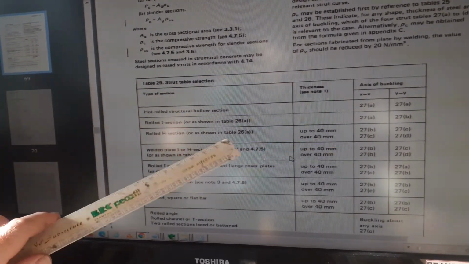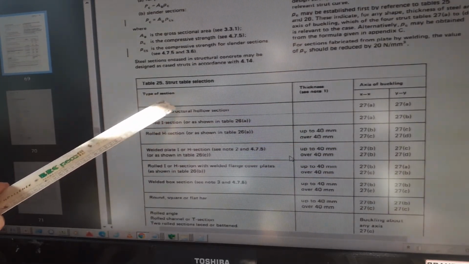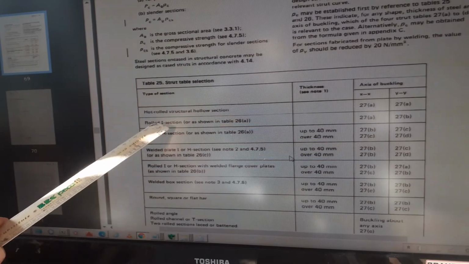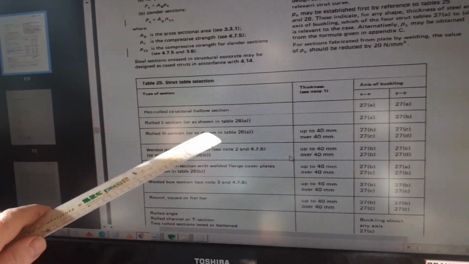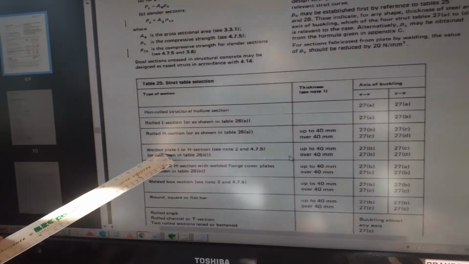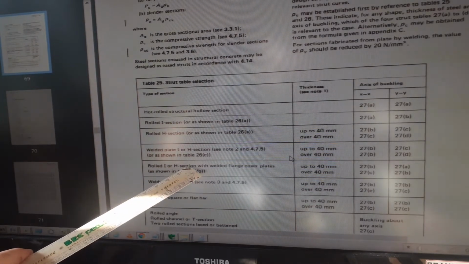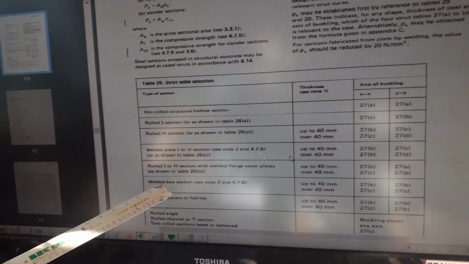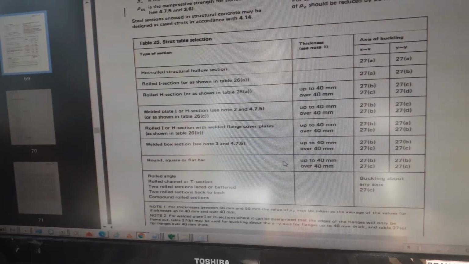The first 3 columns are just the type of section: hot rolled structural hollow section, rolled I section as shown in Table 26A, rolled H section as shown in Table 26A, welded plate I or H section, rolled I or H section with welded flange cover plates, welded box section, round, square or flat bar, rolled angle, rolled channel, RT section, 2 rolled sections, laced battens, compound rolled section, etc.